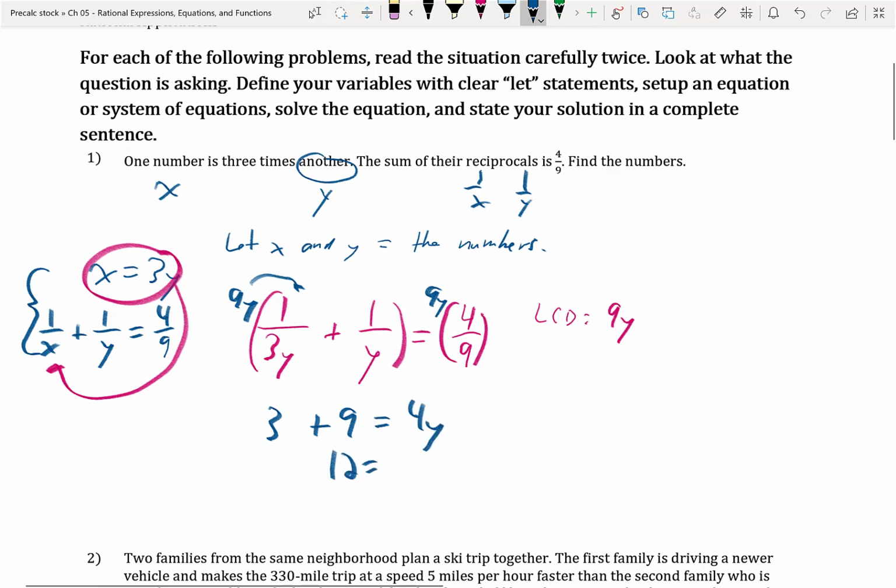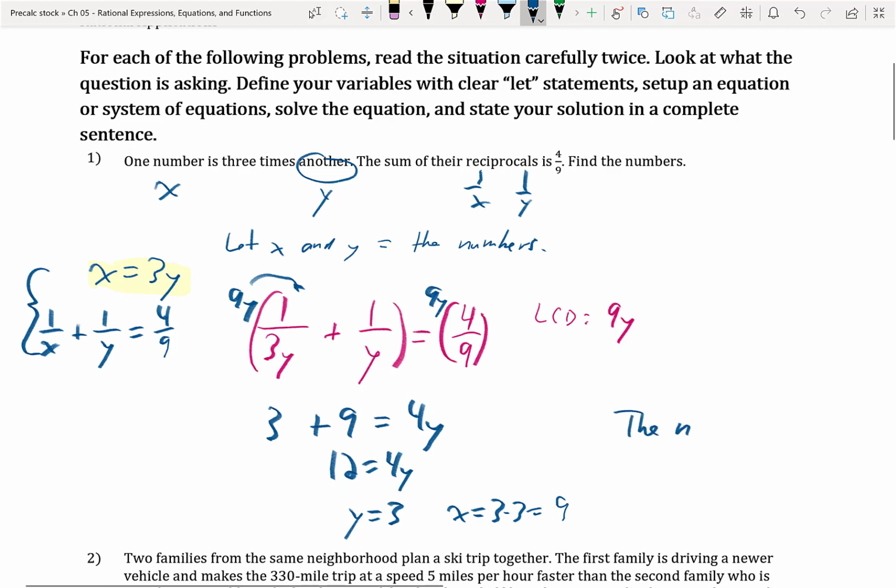So I get 12 is equal to 4y, which means if I divide both sides by 4, I get y is equal to 3. Since x was equal to 3y, that means x is equal to 3 times 3, which is 9. So then I can just say the numbers are 3 and 9.